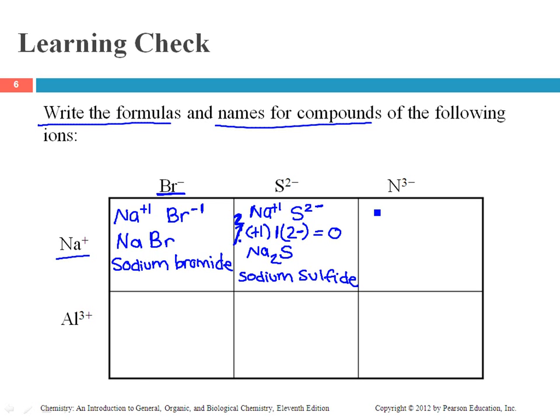We have sodium. And remember, we're getting the ionic charge from the group number. Sodium's in group 1. Nitrogen is in group 5, so it needs to gain 3 electrons. That's where that 3 comes from, to be like the nearest noble gas.